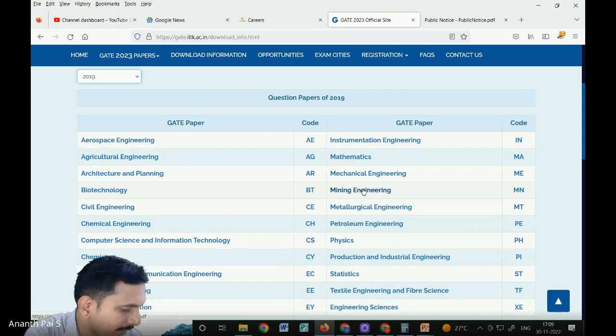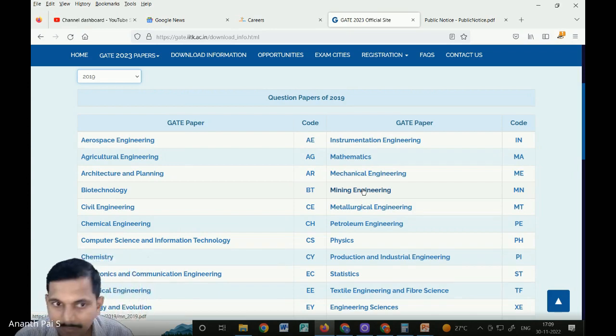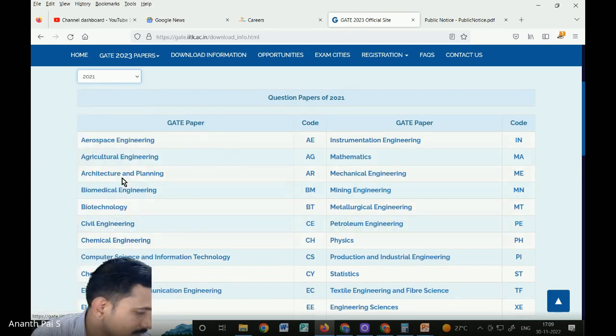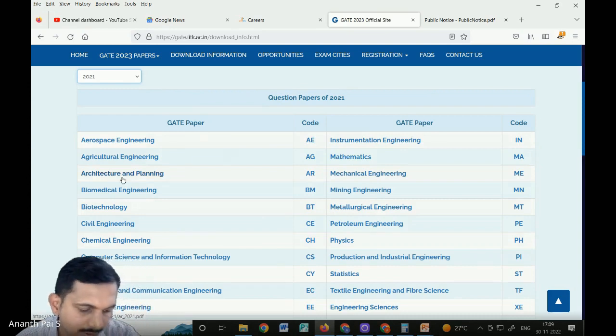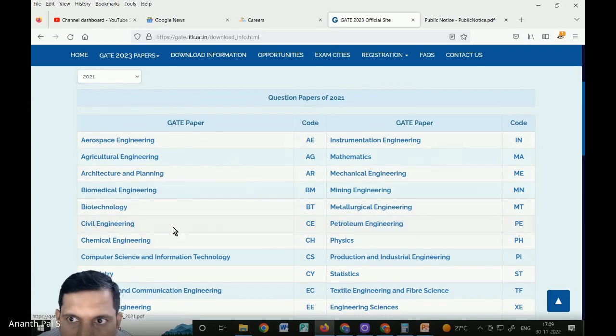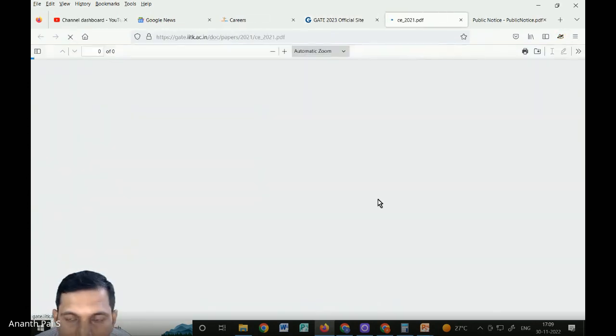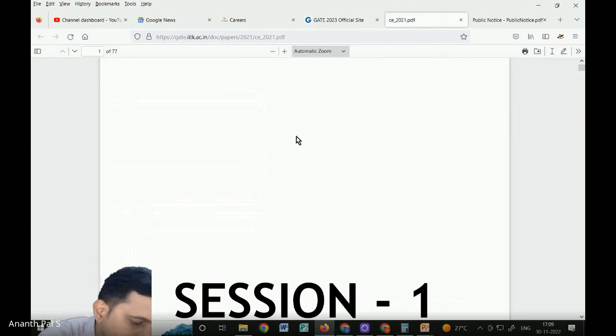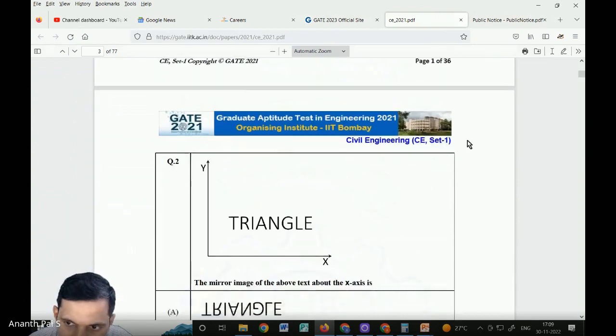Yeah, 2021 it has come. 2022 also we will see, but first we will take 2021 GATE. In 2021 we have got a question: elevated cylindrical water tank. So 2021 civil engineering, set 2.